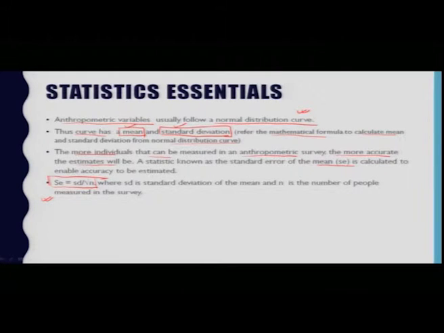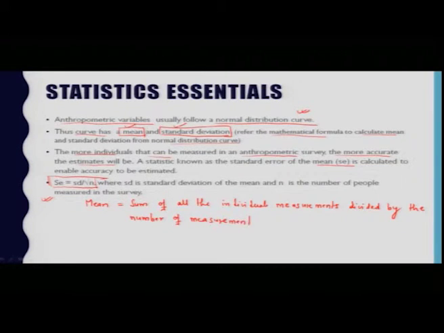What is the mean? The mean is the sum of all the individual measurements divided by the number of measurements. It is a measure of central tendency.